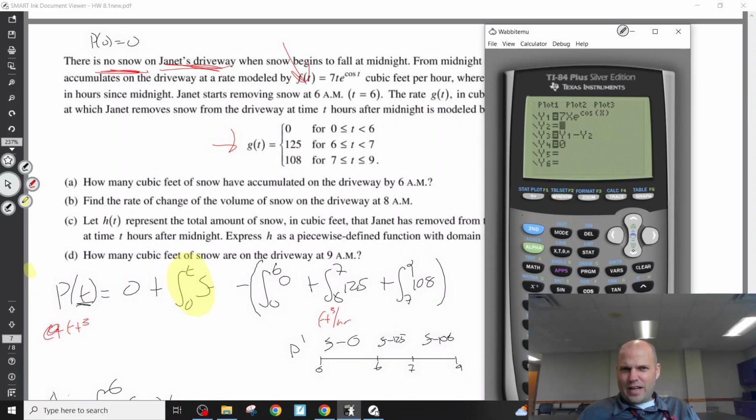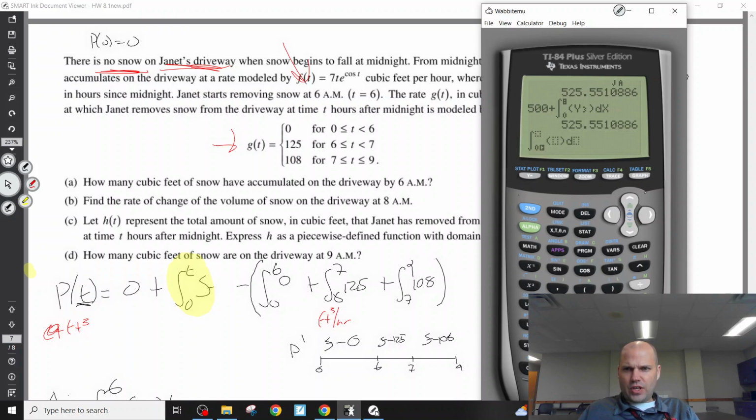Hold off on y2 right now. y2 could be 0 if we're looking from 0 to 6. But then it's going to be 125 from 6 to 7. Then it's going to be 108 from 7 to 9. So just hold off. Let's just go and math 9, 0 to 6 of f.